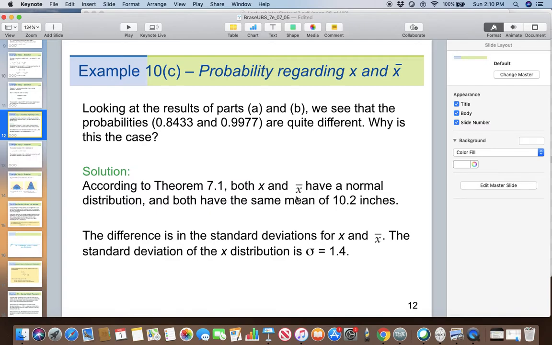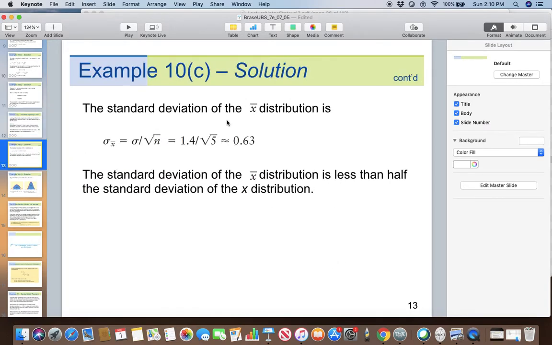Both x and x bar have a normal distribution. Both have the same mean of 10.2. The difference is in the standard deviations. For x, the standard deviation is 1.4, whereas for x bar there is a change in formula.